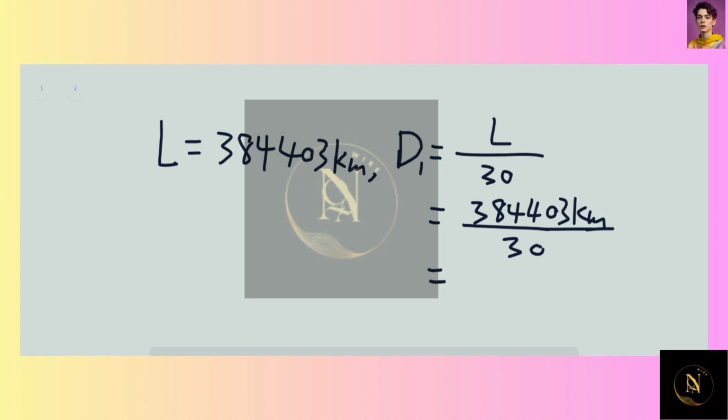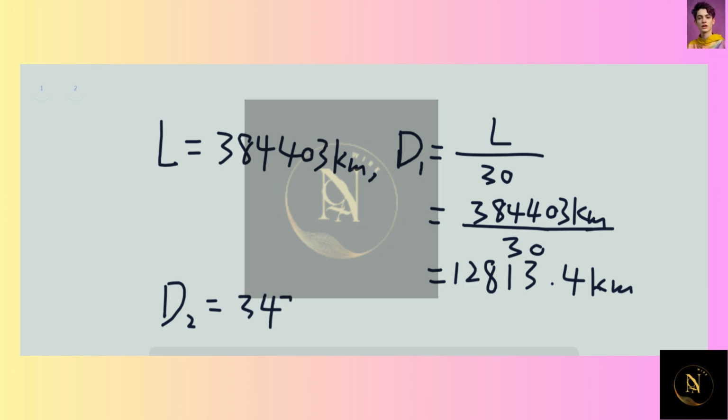That gives us 12,813.4 kilometers, the diameter of the Earth. The diameter of the Moon is given as 3,474 kilometers.